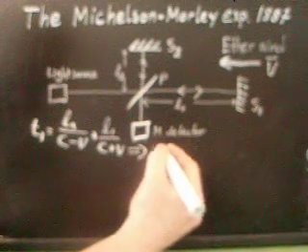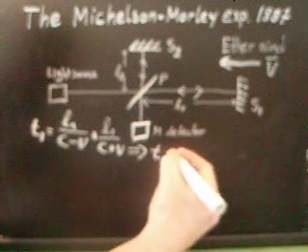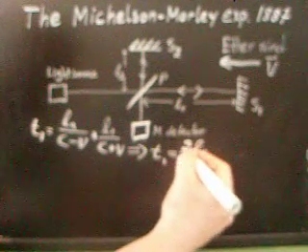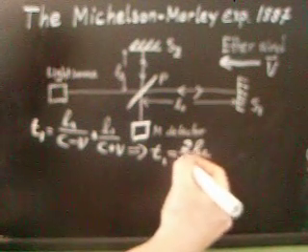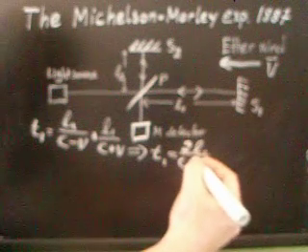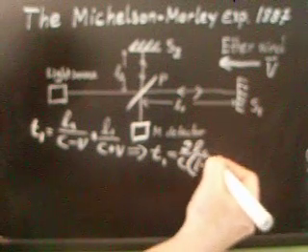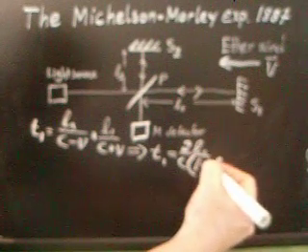From this we get T1 equal to 2 L1 divided by c times 1 minus v squared over c squared.